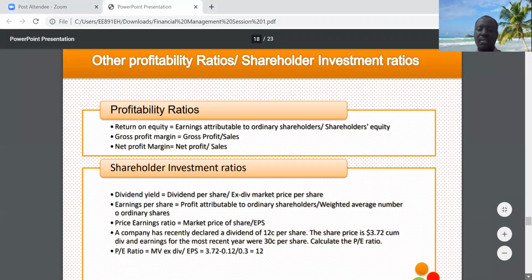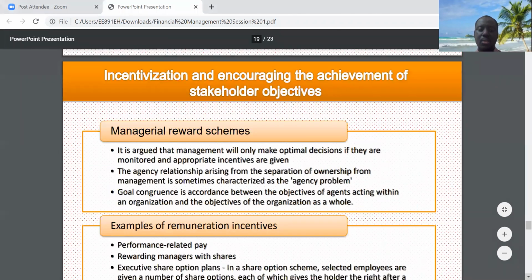Let's move on to the next slide where we talk about incentivization. As part of financial management, one of the things you need to think about is incentivization and encouraging the achievement of financial objectives and stakeholder objectives. It is usually argued that management will only make very good decisions if they are monitored and appropriate incentives are given.